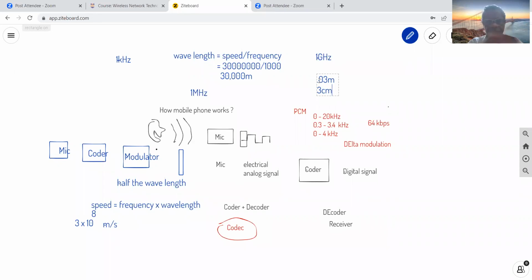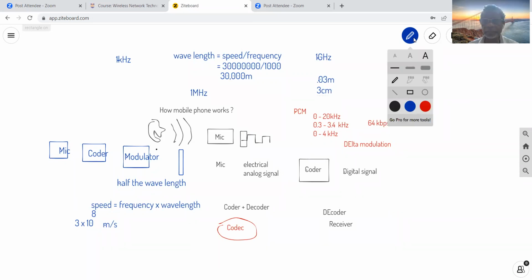So this modulated signal, when the modulator converts your digital signal to an analog signal, you then have to convert it to a high frequency signal.